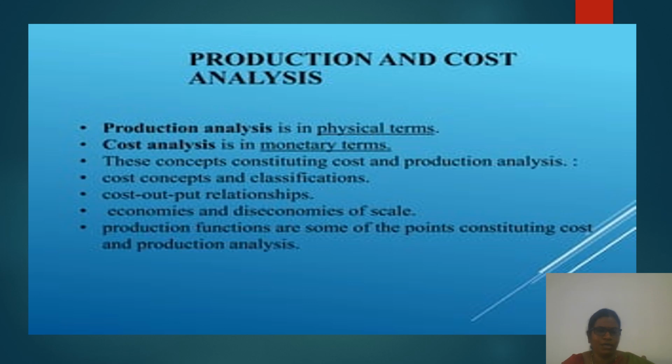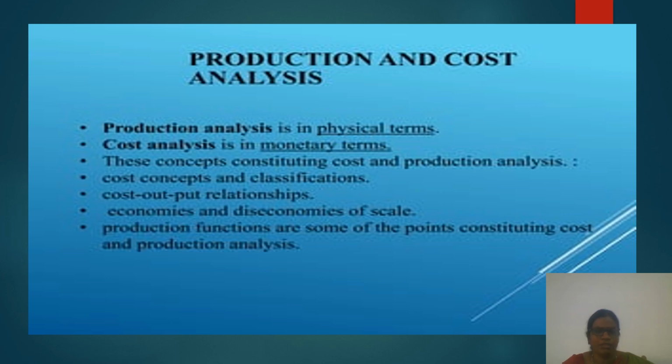Next one, cost analysis is in monetary term, that means related to money term. It is the process of calculating the potential earning from a situation and subtracting the total cost associated with completing it.